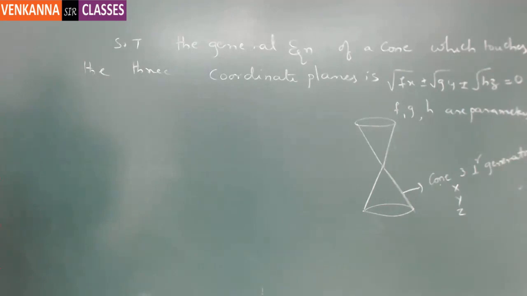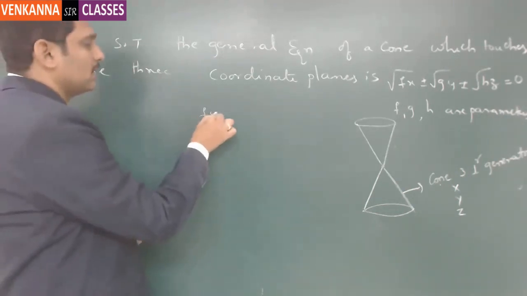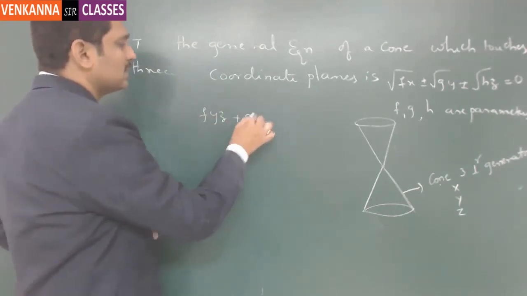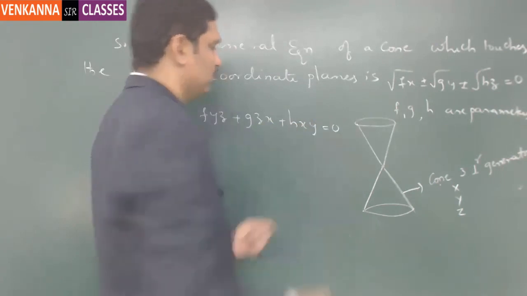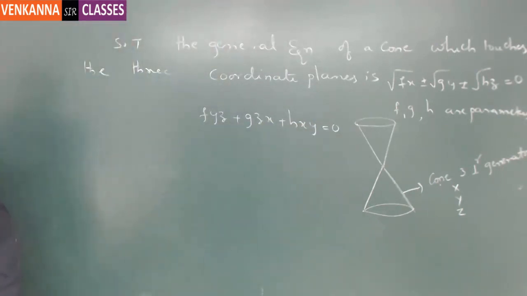In the beginning we have done a problem on this. Alright, so it is nothing but fyz plus gzx plus hxy equal to 0. Agreed? Can you remember that equation?